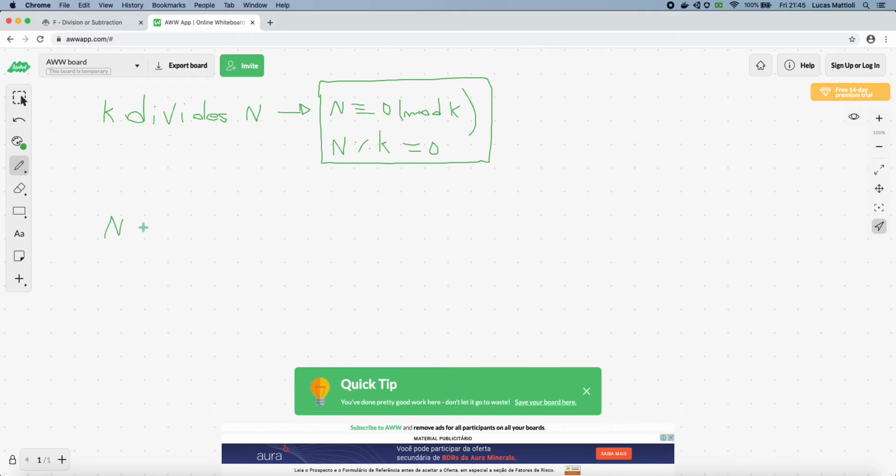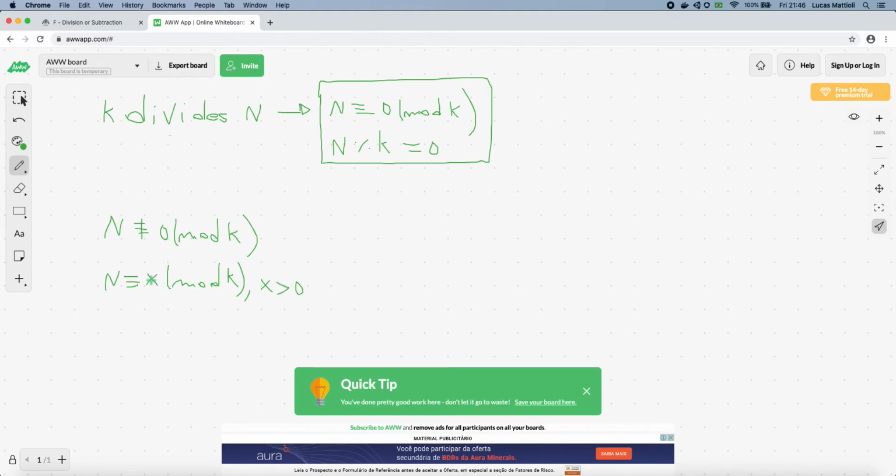Let's say that initially n is not congruent to 0 mod k. So it means that the initial value n is not a multiple of k. And let's say that n is congruent to some x mod k, with x greater than 0.